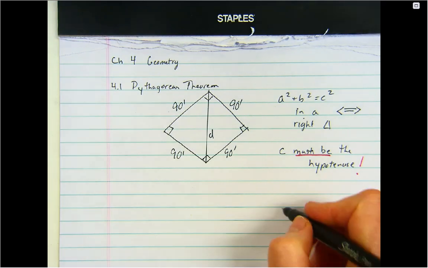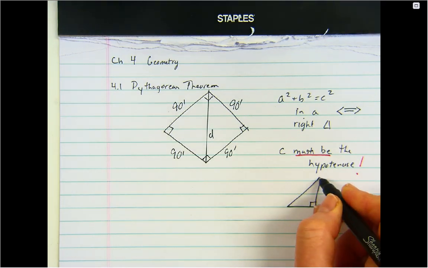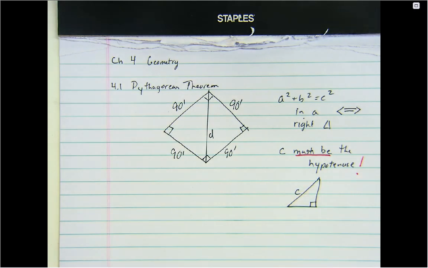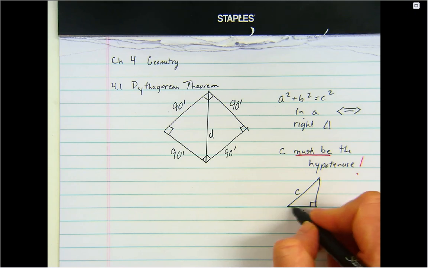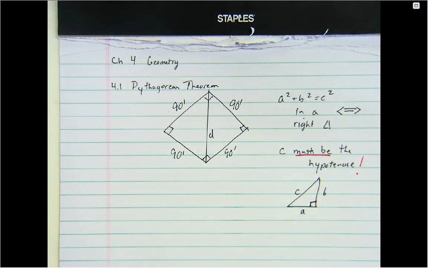So that's the side that's not making the corner, the square corner. So c has to be the side that's across from the corner. The two sides that make the right angle are called a and b, and the right angle is indicated with a little square that makes that 90 degrees. So a and b you can switch back and forth, but you have to have c be the hypotenuse.